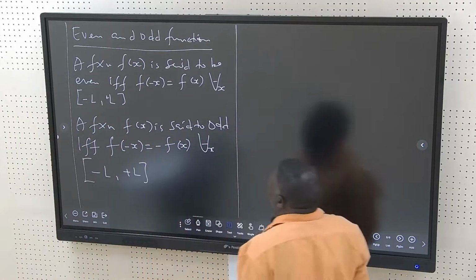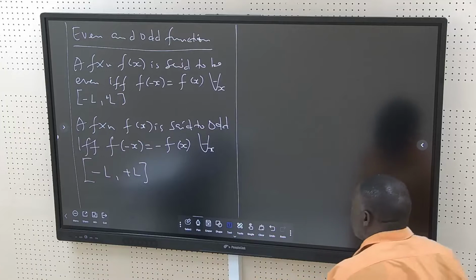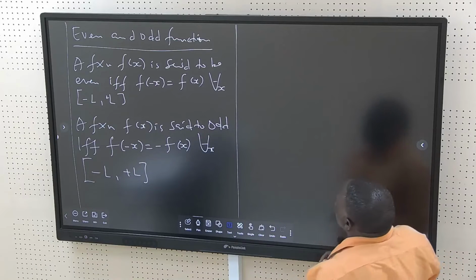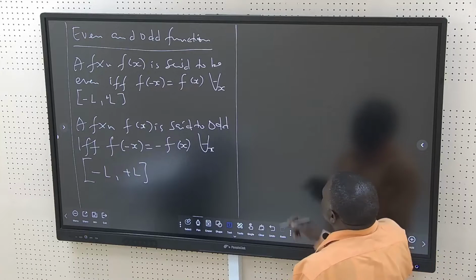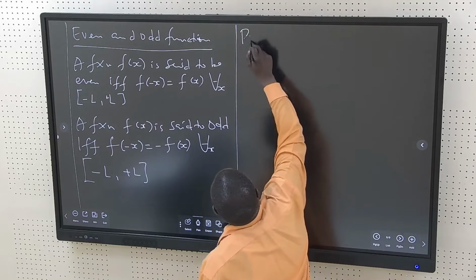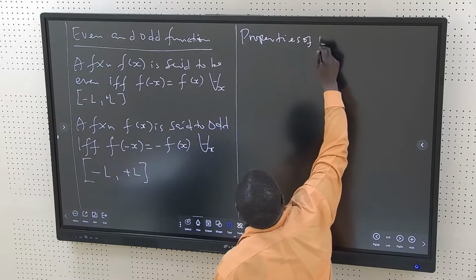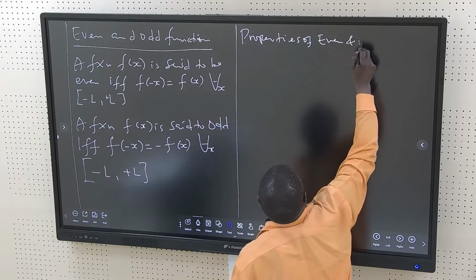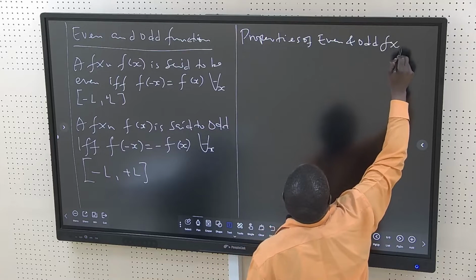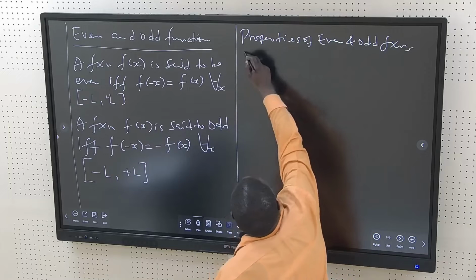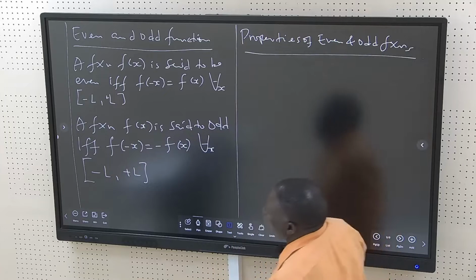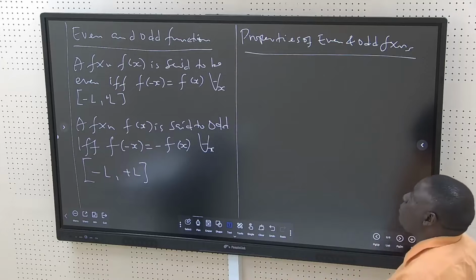These even and odd functions have certain behavior. Properties of even and odd functions: there are three properties.